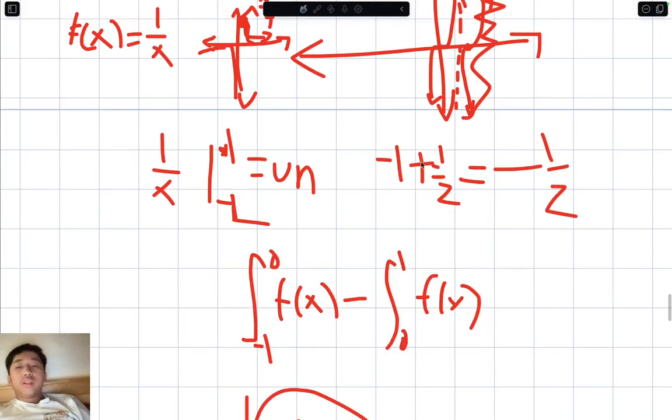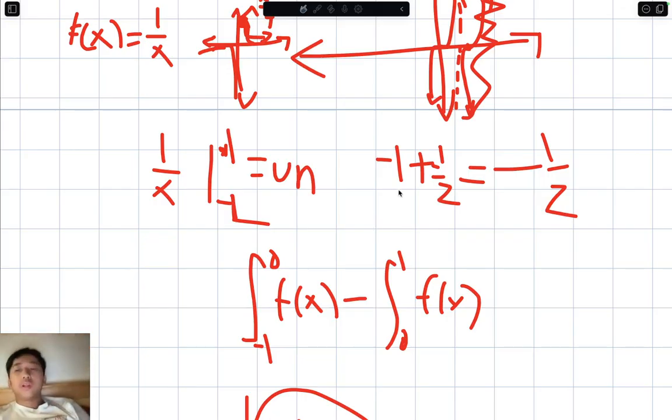And as I write here, -1 to 0 minus 1 to 0, that's literally two different infinities, negative and positive. They don't cancel out, by the way. You can't subtract or add infinities. Even if it seems like they're both the same infinity, you can't get rid of them.